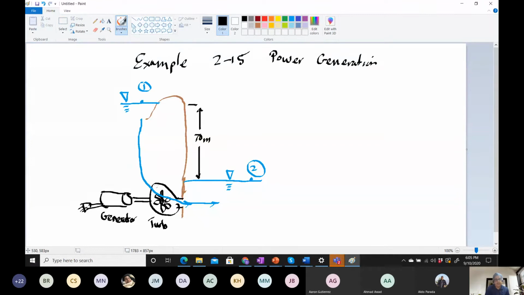So we're actually able to recoup electricity from this head, from having this high water level and discharging it to a lower water level. So we're generating electricity. The flow rate, we know that m dot is equal to 1,500 kilograms per second.